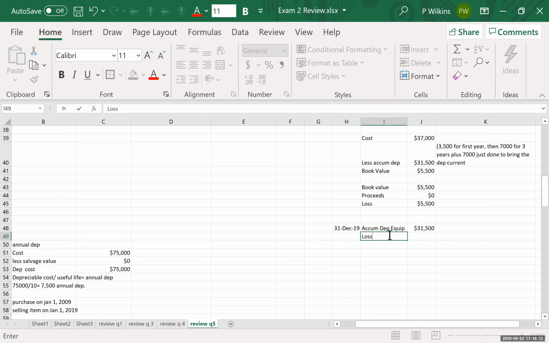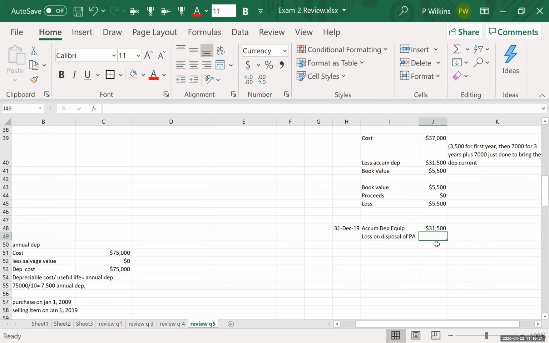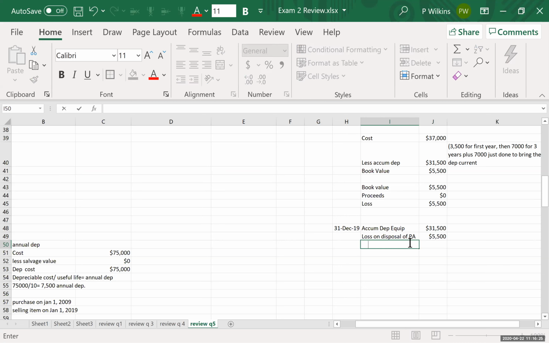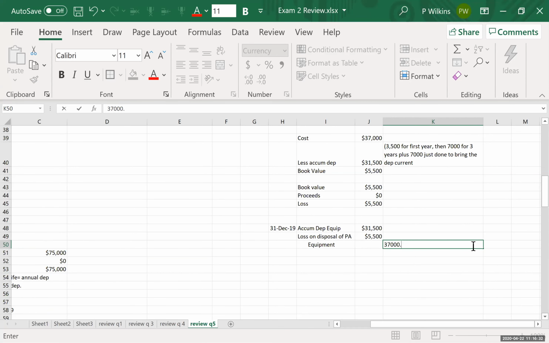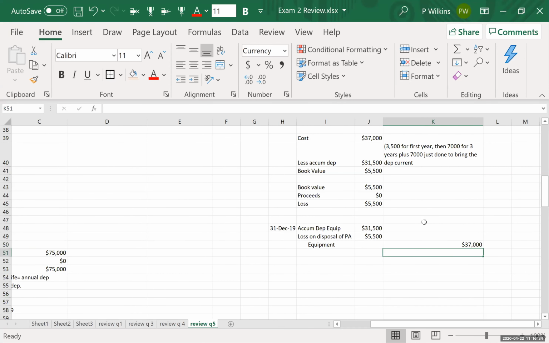We're going to debit loss on disposal of plant assets, the $5,500 that we lost. And then we are going to credit equipment $37,000. So that is disposing of that third item.